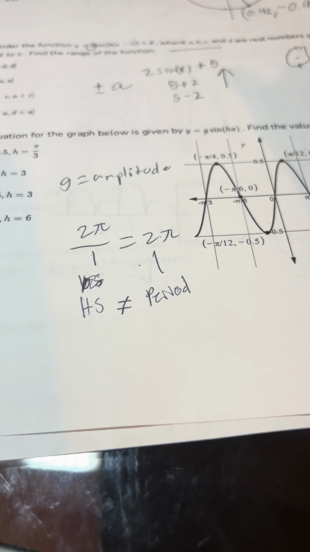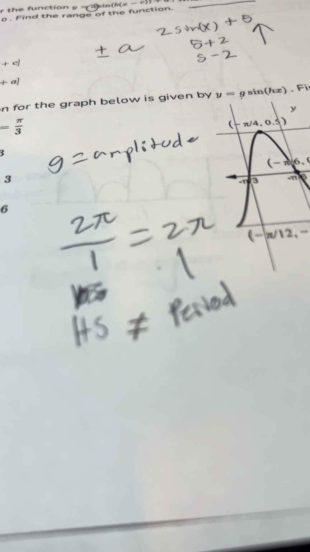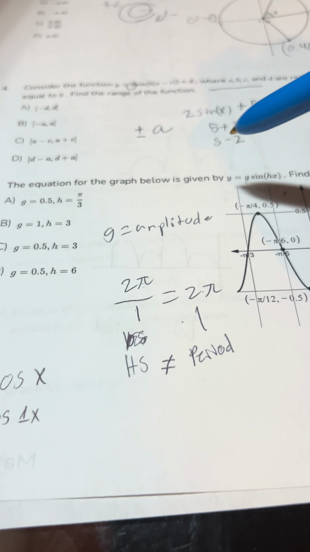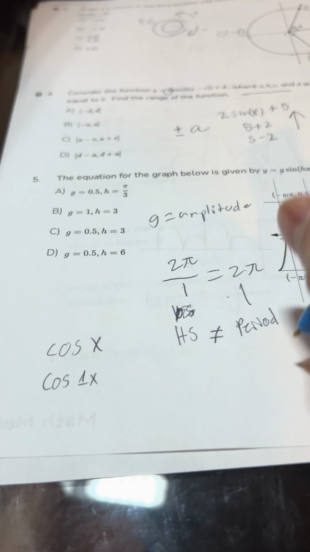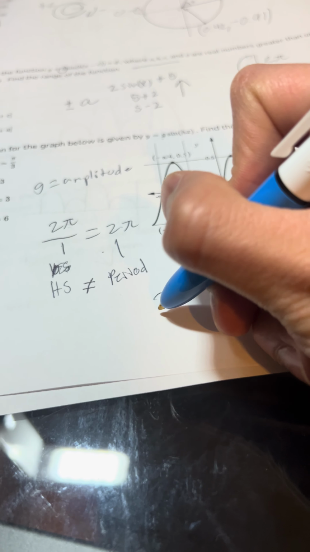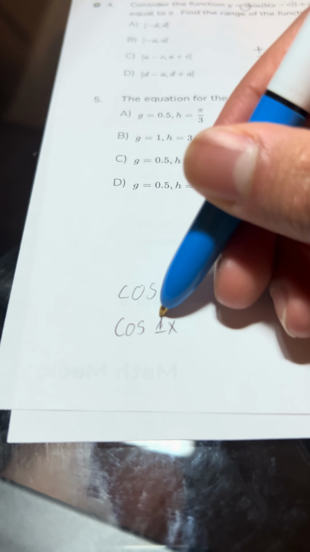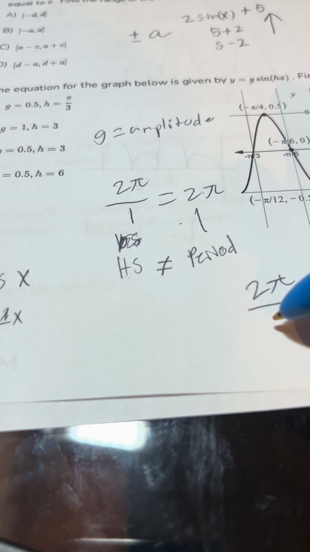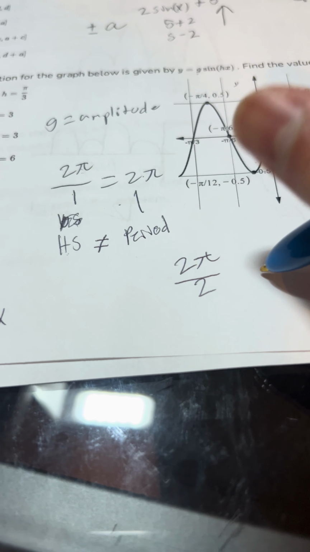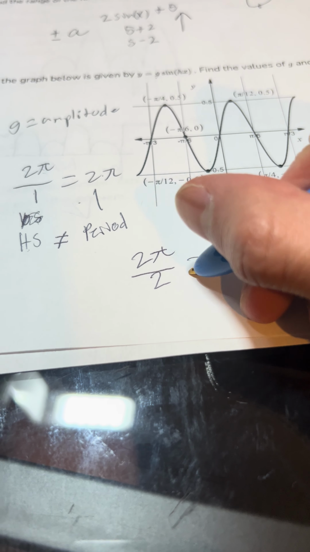If you wanted to find the period, for example, we would just set 2 pi over the horizontal stretch, or whatever this number is in front of the x. For example, we'll say it's 2. So cosine of 2x. Well, we would put 2 here, and that makes our new period pi.